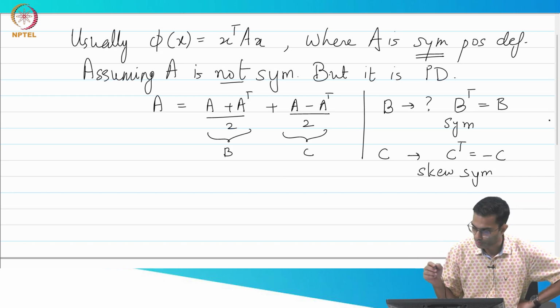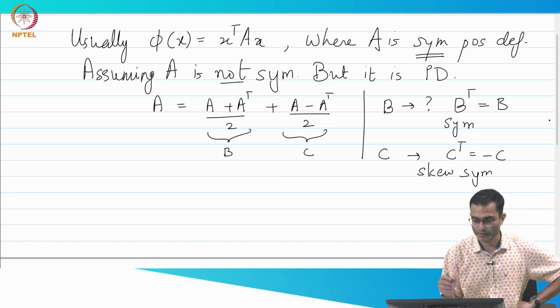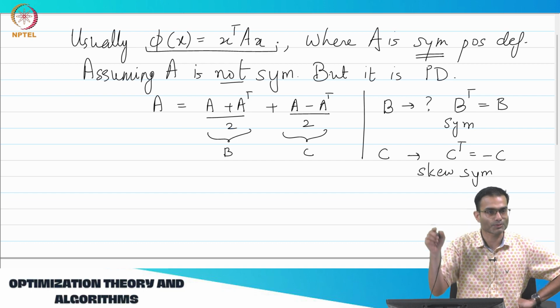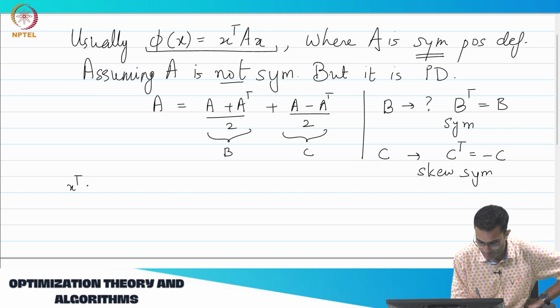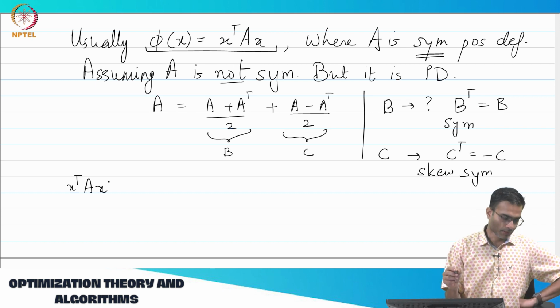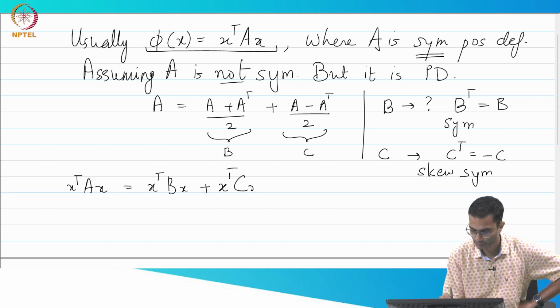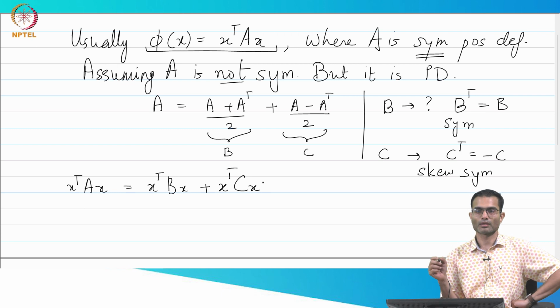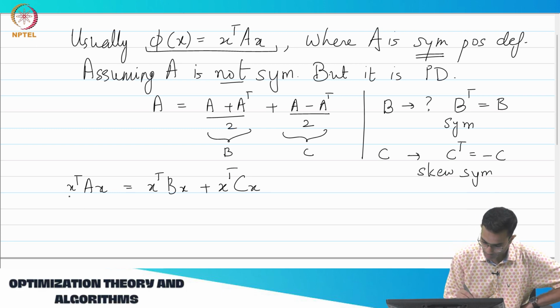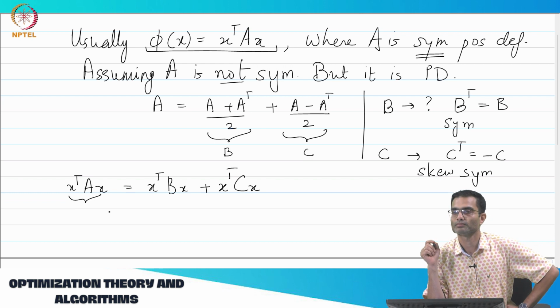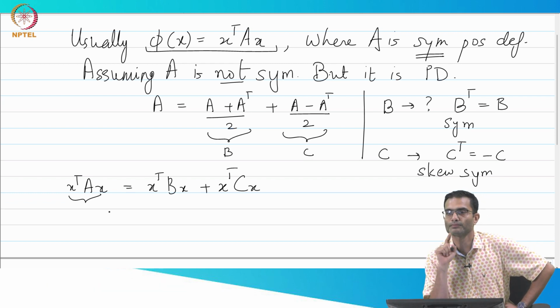Okay. Now let us look at the action of our quadratic form. Our quadratic form is x transpose AX. Obviously, I'm going to split that in terms of B and C. Now, x transpose AX, is it a scalar, vector, or matrix?